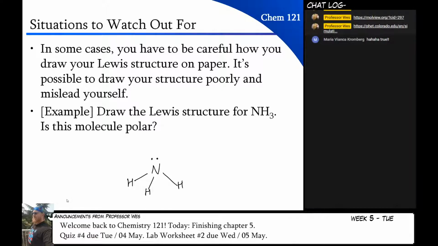And hopefully you can see that when I draw all of the polarity arrows here, so N is more electronegative than H, so these are all going to point at N. If I do the same sort of analysis, I'm going to get something that looks sort of like this, right? So there's the first arrow, there's the second arrow, and there's the third arrow. Here's where I started, there's where I ended. So overall, my electrons went in this direction.